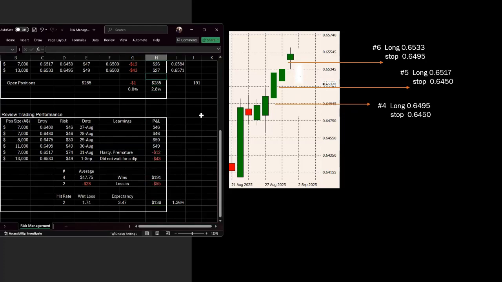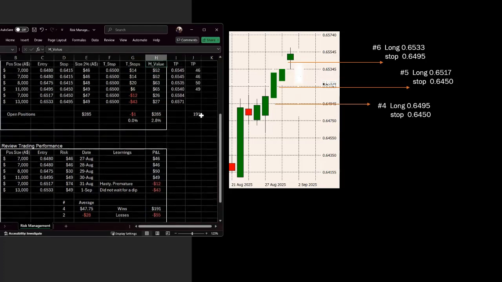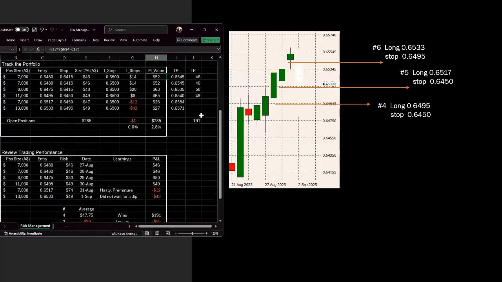Okay. Now, if you take another scenario and you look at a trader who said, well, no, I'm going to just book it at market value. Then the first trade would have given you $52. The next one would have also given you 52. The third one would have given you 63.